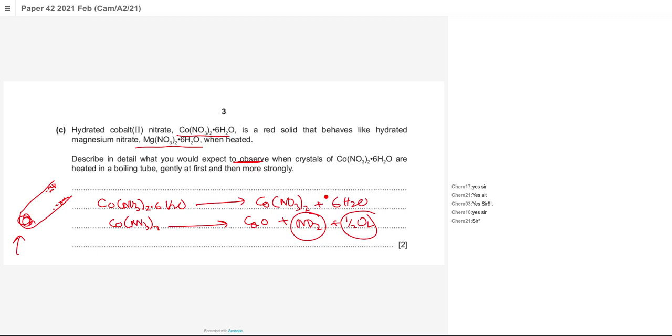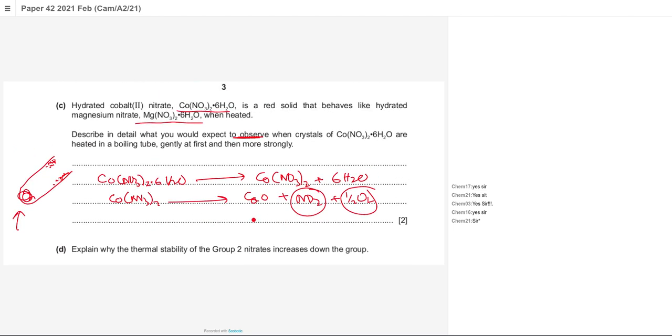You can write either one of the observations or both. You can just say brown gas evolved. That's the obvious observation upon strong heating. And then you can say a gas evolved which relights a glowing splint. Clear? The 2 marks are for the 2 observations, gentle and strong heating. Any questions there?